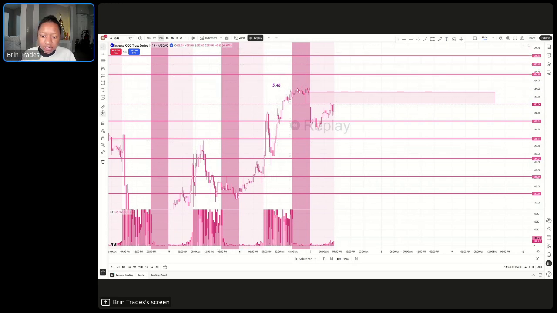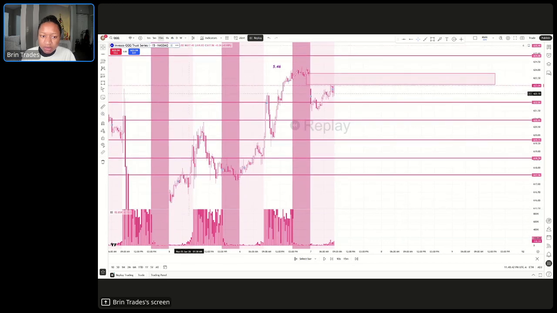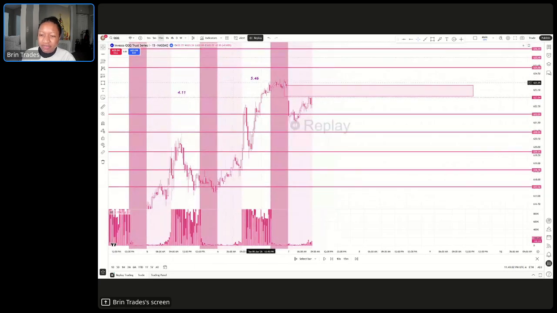And then gauge from here as well. You can see that price moved from here to here, call that 411. So we can gauge that price moved from like $4 to $5 within the past 2 days.